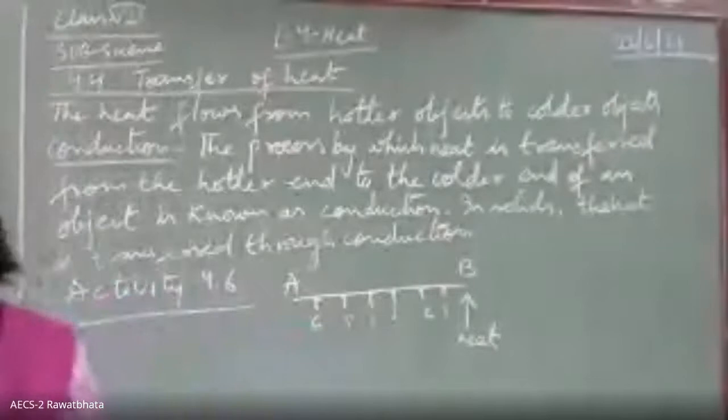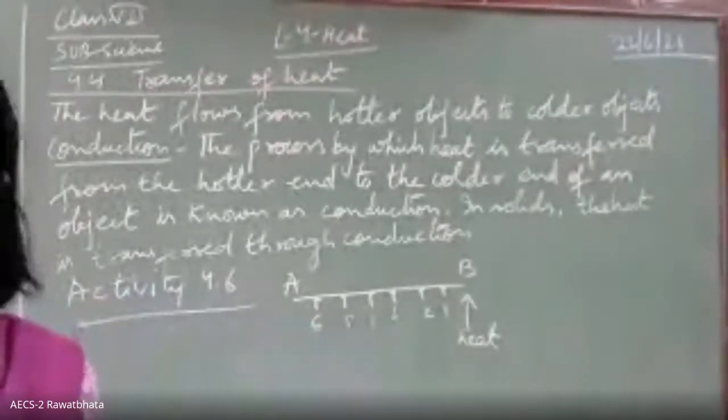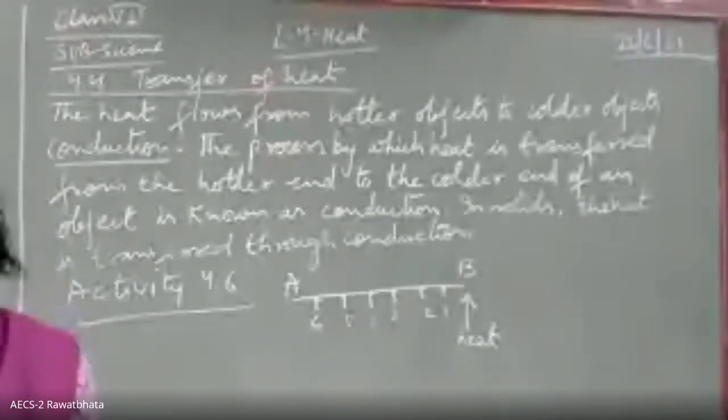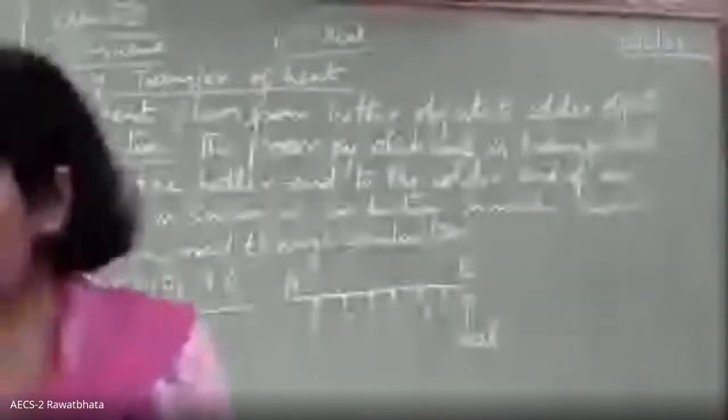But slow and steady, all the nails will fall down, indicating that heat is getting transferred from one end to the other. You have written this, I hope. This is your activity number 4.6.